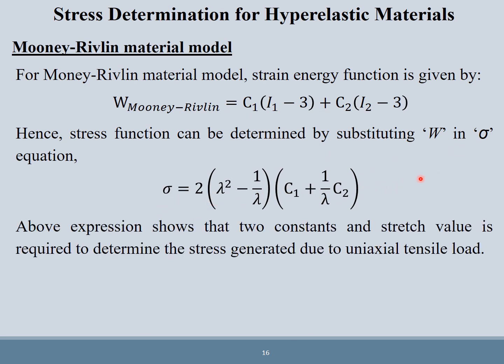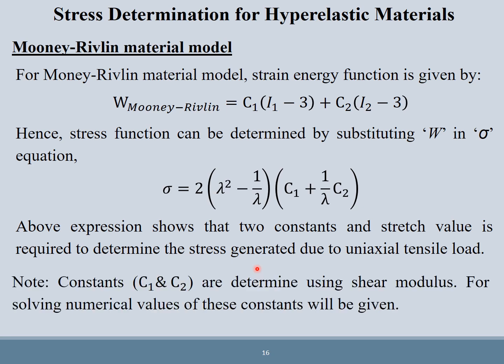The above expression shows that two constants and the stretch value are required to determine the stress generated due to uniaxial tensile load. Note that constants C1 and C2 are determined using shear modulus. For solving numericals, values of these constants will be given. If I give any numerical based on Mooney-Rivlin, I will give you the values of C1 and C2 so that you can directly use them in this expression.